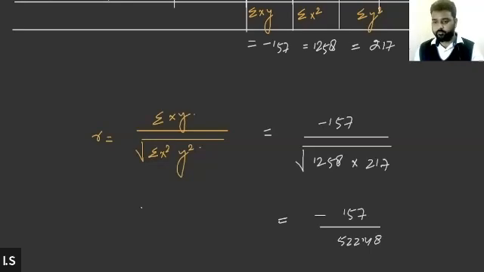So -157 divided by 522.48 will be -0.30. So this should be your answer, I think.